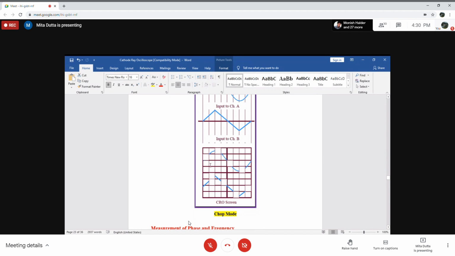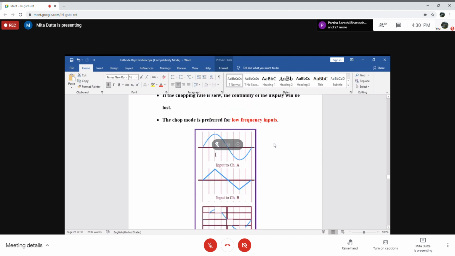So small segments of the input signals will be displayed with respect to a single sweep waveform in case of chop mode.